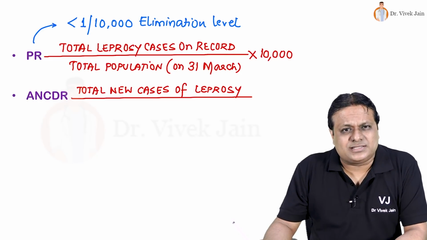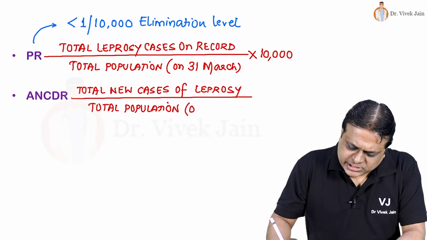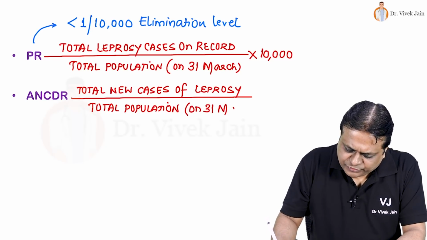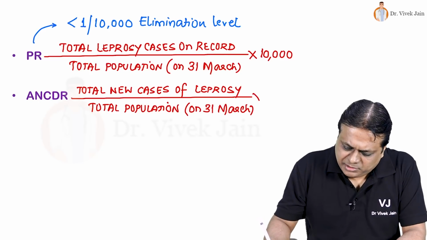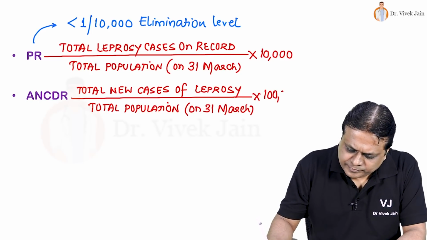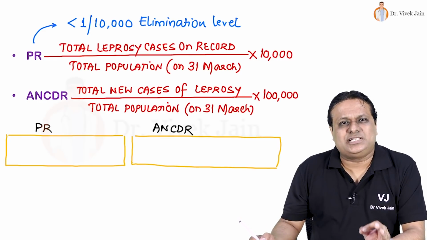So denominator is total population of that area that year, but it is taken as on 31st of March, and here for ANCDR the multiplier is 1 lakh.